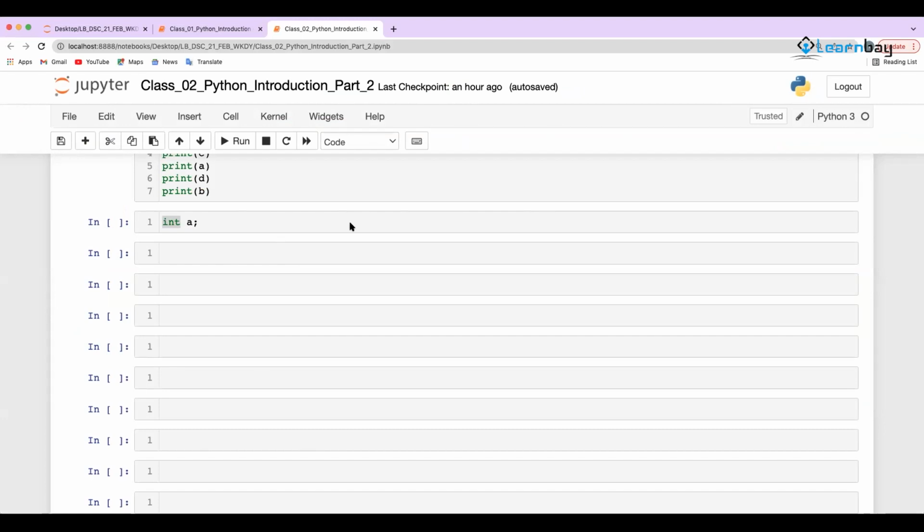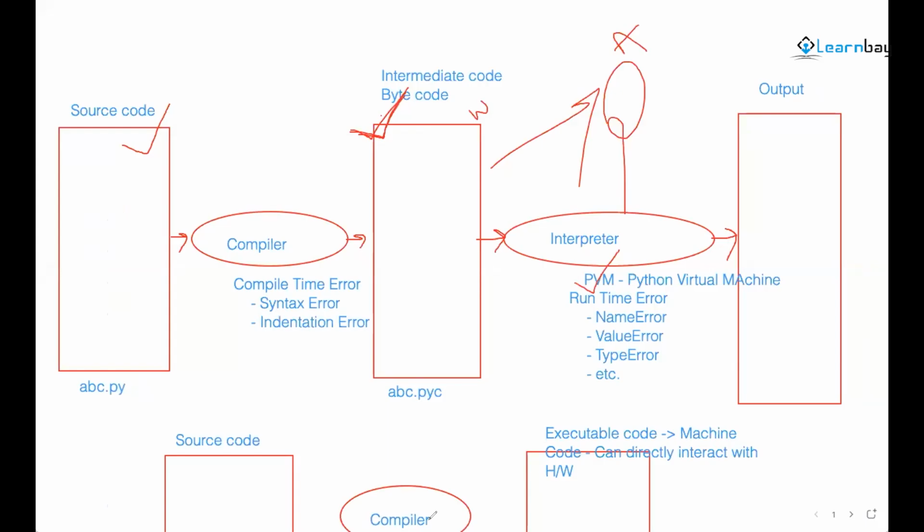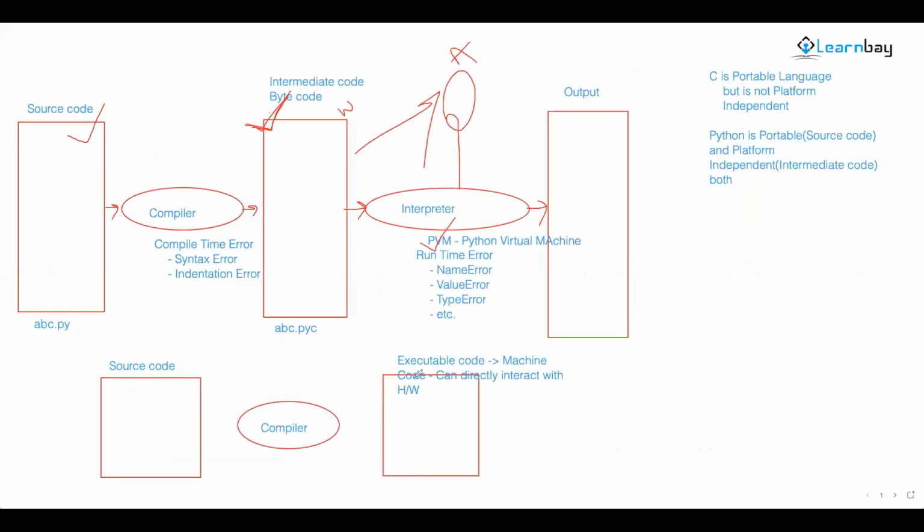Okay. What I'm saying is that the executable code which you are generating in the case of C is specific to the hardware. It will be running on the hardware on which you have generated this executable code. You have a system with a specific configuration of hardware components.